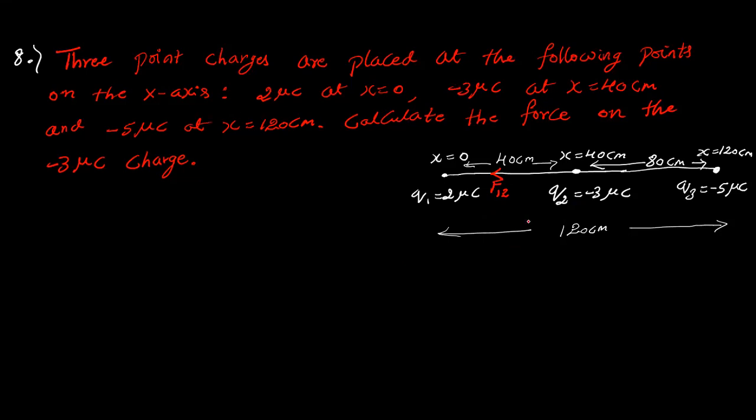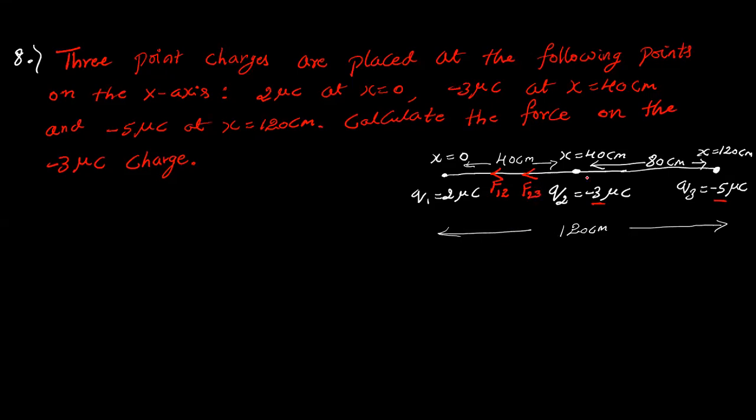Next, there is one more force from the third charge. Observe, 2 and 3 are both negatively charged, so there is a repulsion, right? That repulsive force is also acting in this direction, F23.